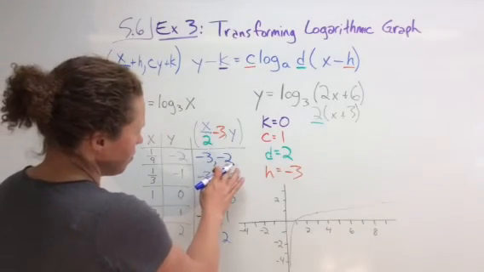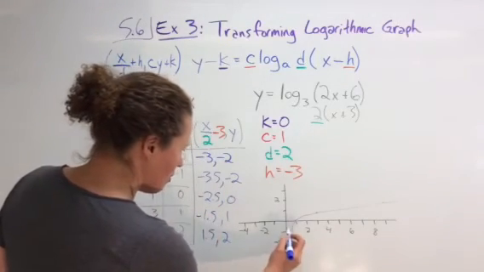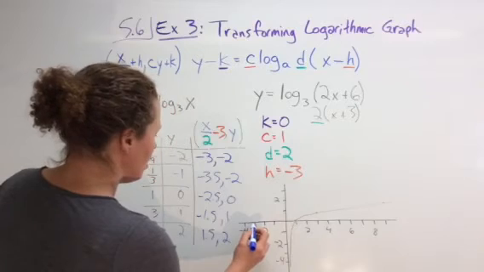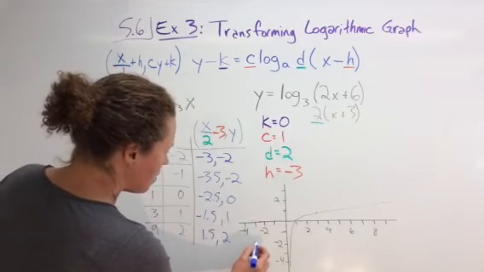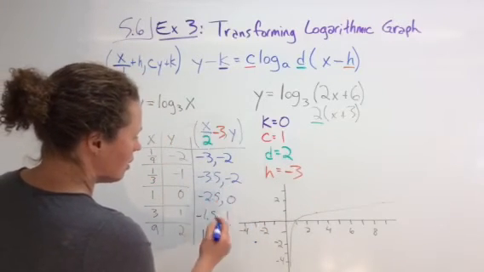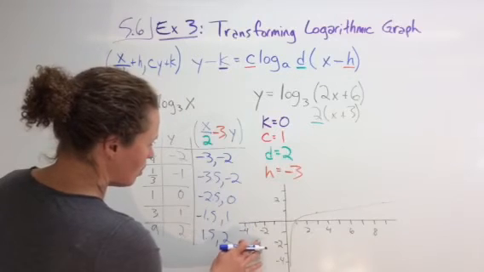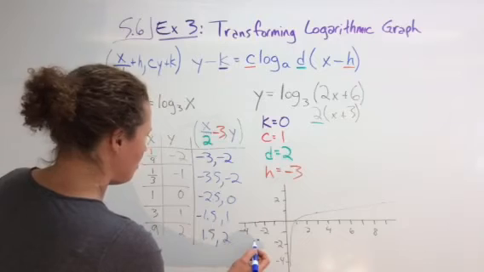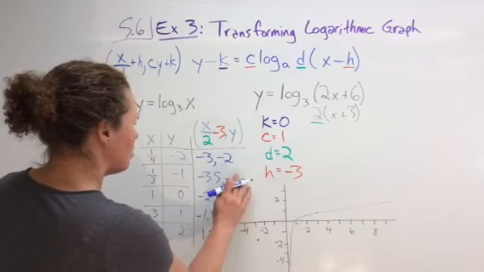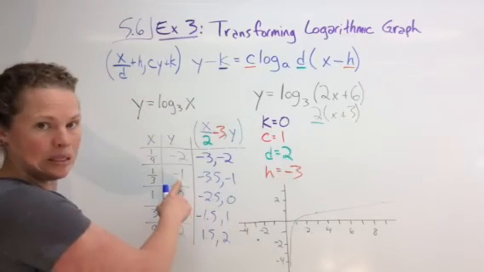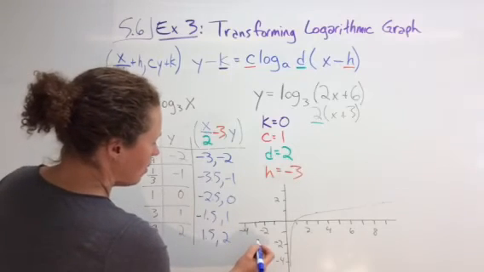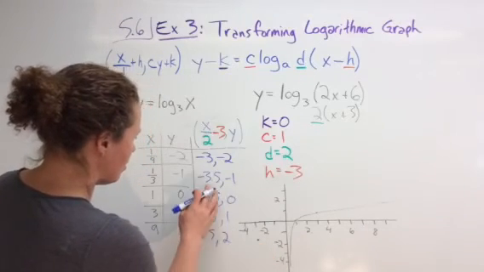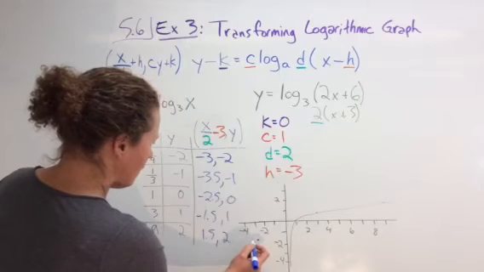I've got negative 3 and negative 2 here. So put that there. Negative 3.5 goes over here a little bit more. Actually, let's change that a bit. Negative 3.5 and negative 2. Whoops, my bad. Negative 1. Negative 3.5 and negative 1.